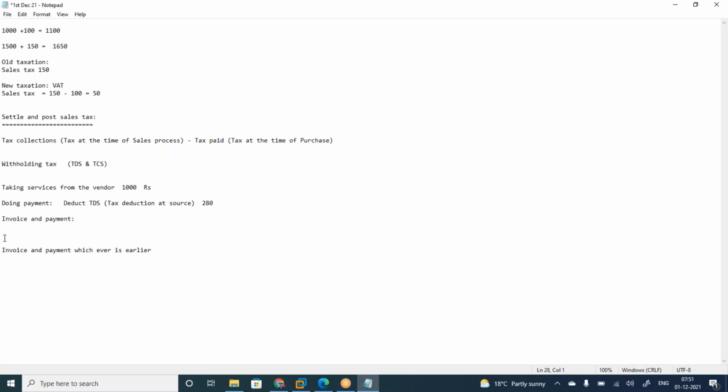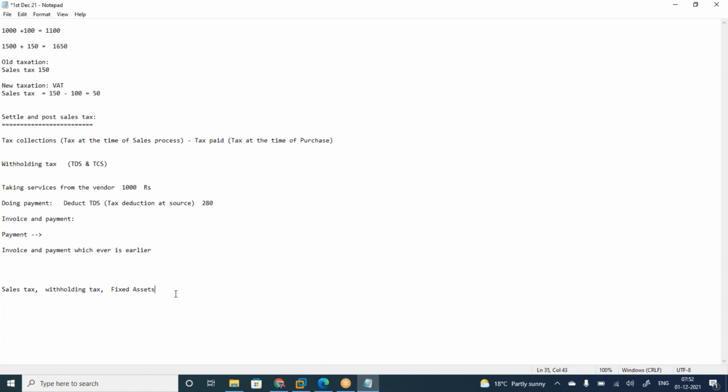So there are three areas. Each country will be changed. One is sales tax, another one is withholding tax, another one is fixed assets.